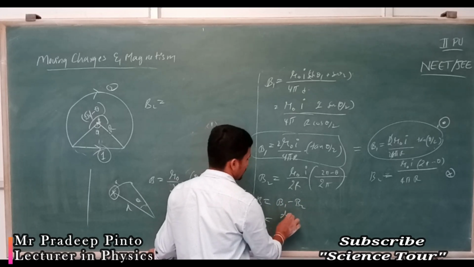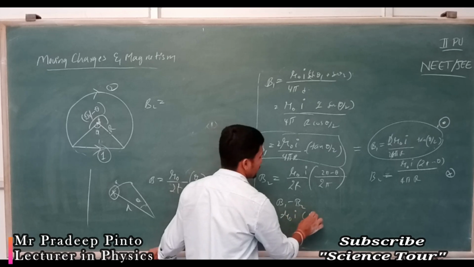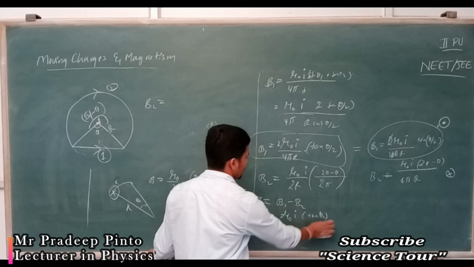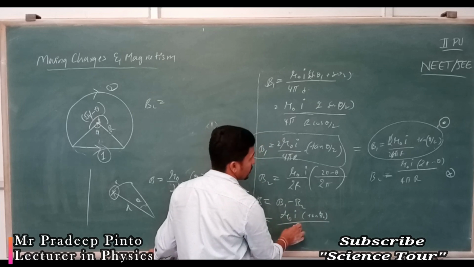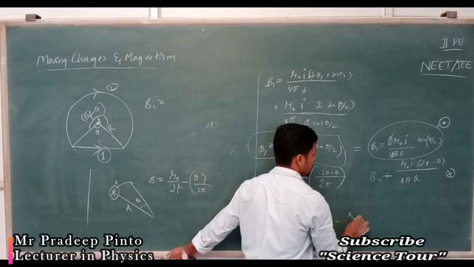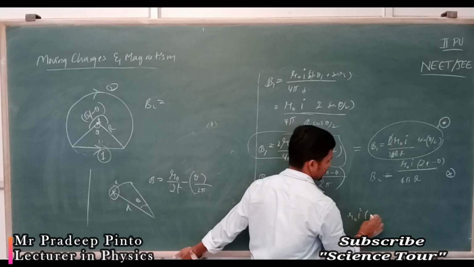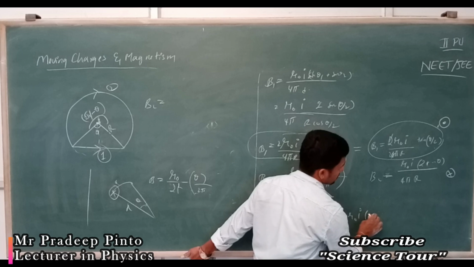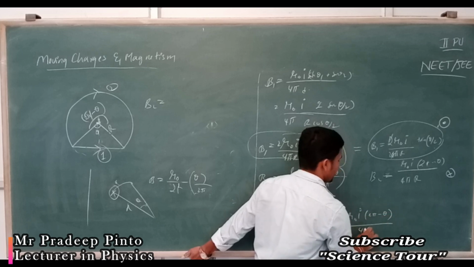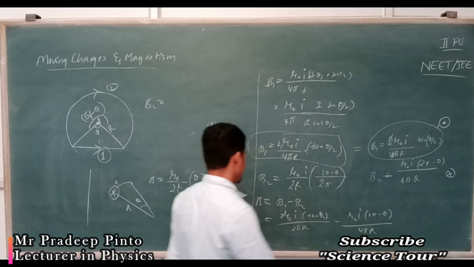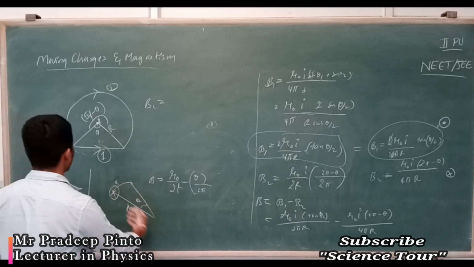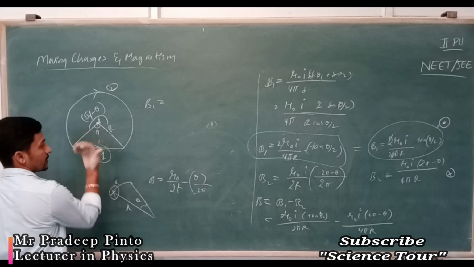So mu naught I into tan theta by 2 divided by 2 pi r, minus mu naught I into 2 pi minus theta divided by 4 pi r. Since we have taken B1 is greater, the net field must be along B1, towards you.